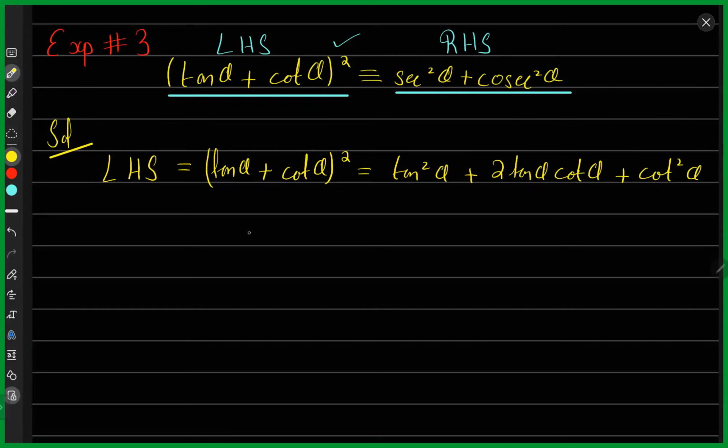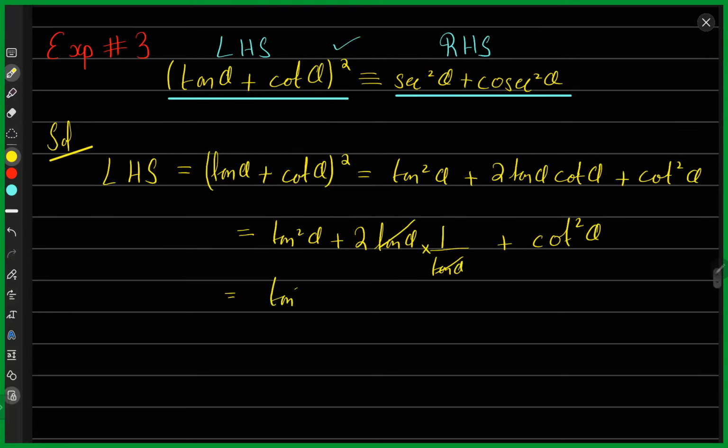Then I can write down tan square theta as it is plus 2 into tan theta. I can write cot as 1 by tan theta, plus cot square theta would come as it is. This and this can be cancelled. And now I am left with tan square theta plus 2 plus cot square theta.